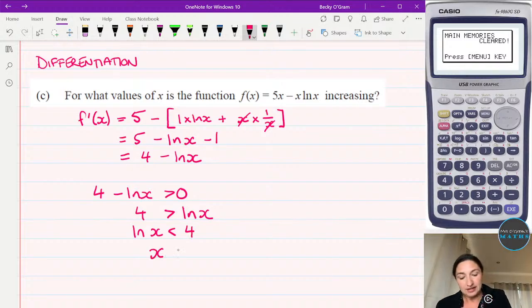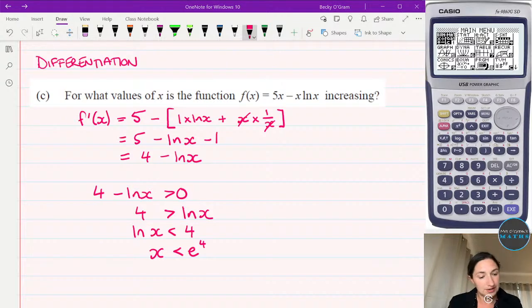So x has got to be less than, the inverse of doing the natural log is e, so that'll be e to the 4. I could probably leave it as e to the 4, but I'm going to do that on the calculator anyway.